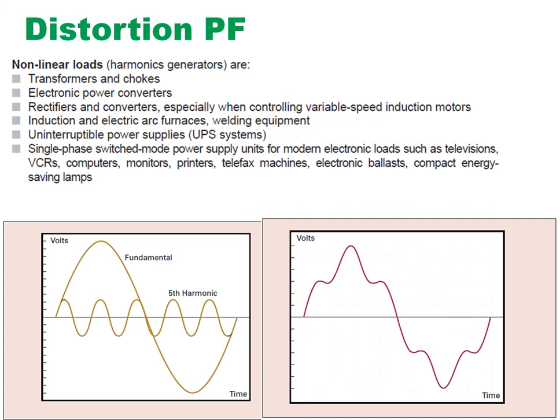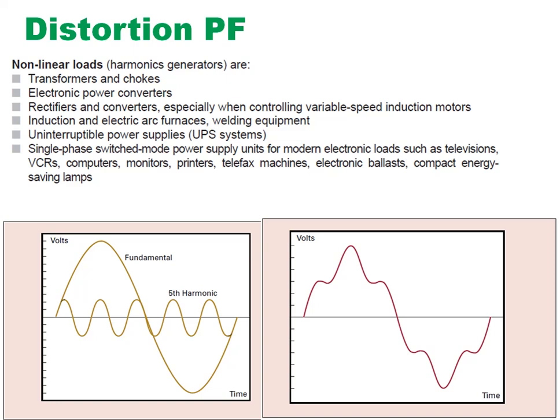What are the various non-linear loads? Any converters, any rectifier circuits, any pulsating load, that means something like a strobe light, blinking on and off. Those will generate non-linear loads, and harmonics will be generated.